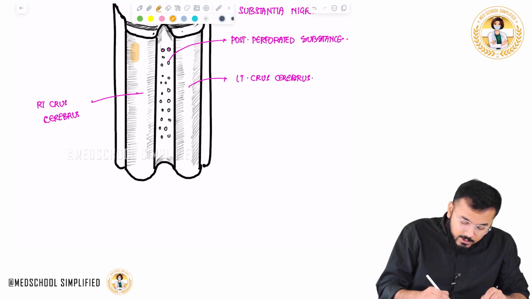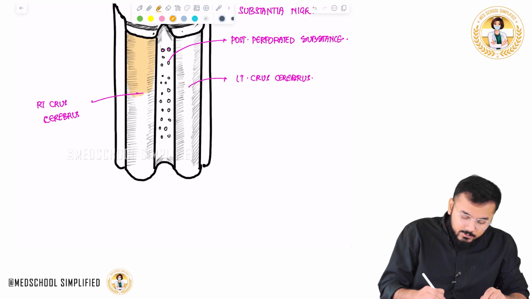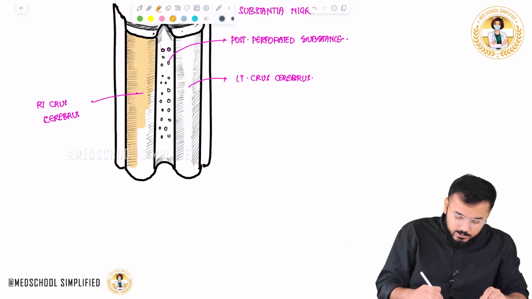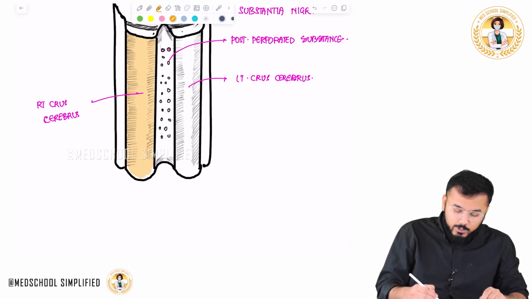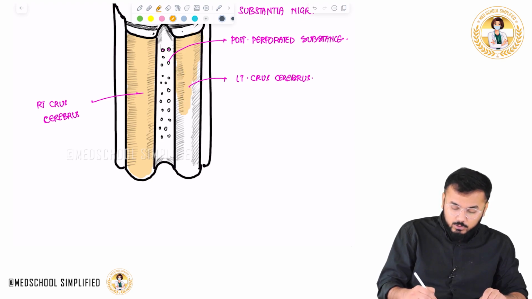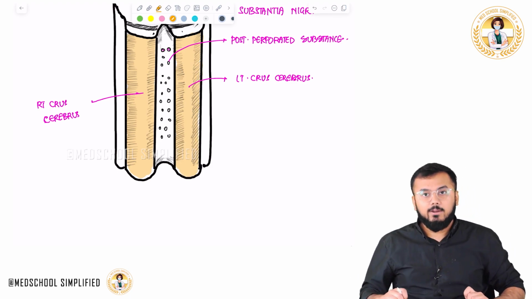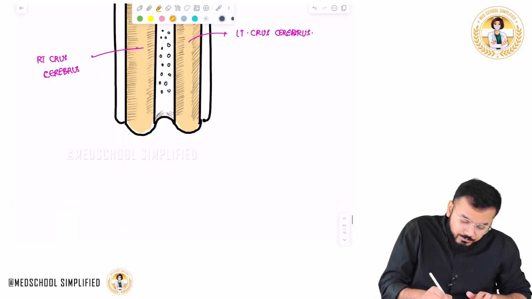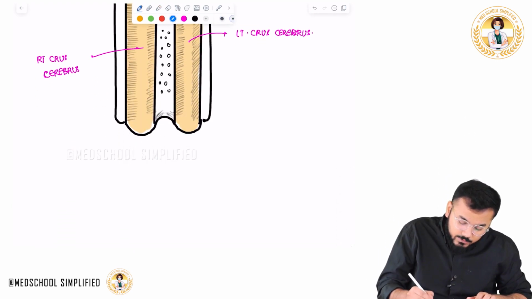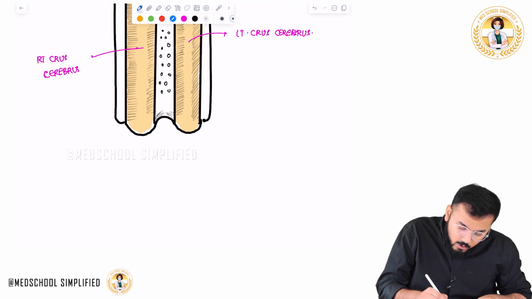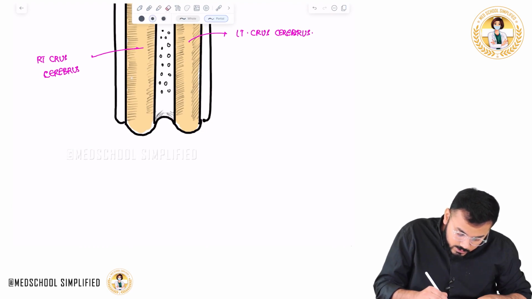Now after this, if you carefully look on the surface of this right crus cerebri, so this entire thing which I spoke about is your right crus cerebri. On the surface of the right crus cerebri there is one very important structure, and even on the surface of your left crus cerebri there is one very important structure.